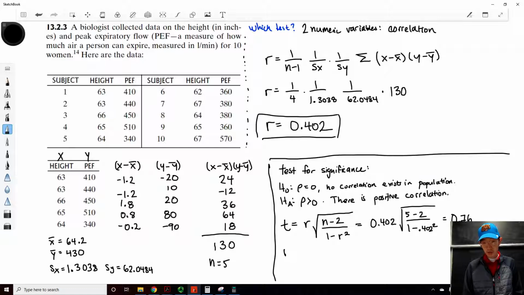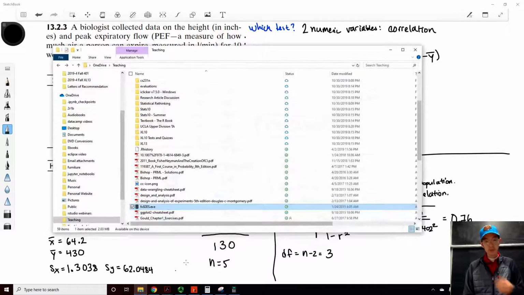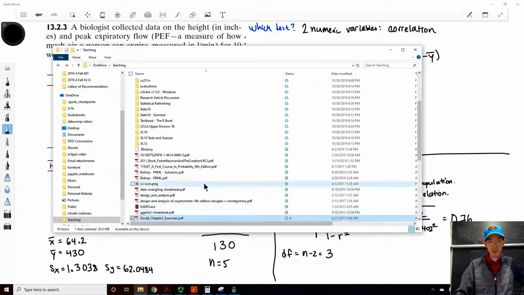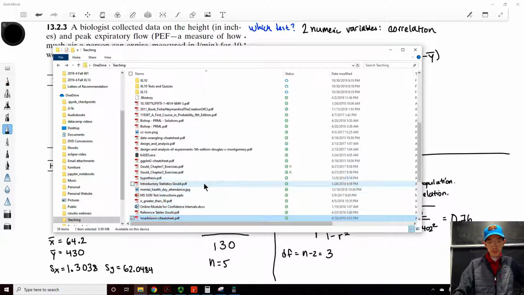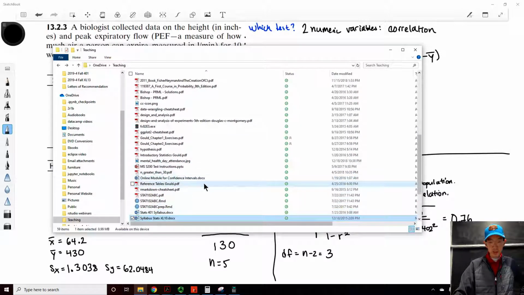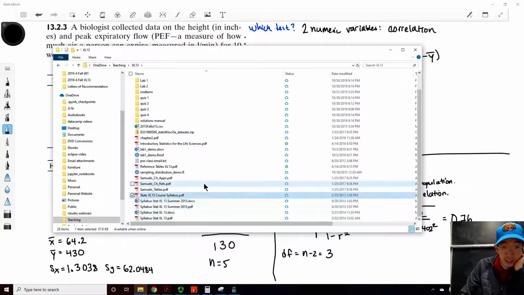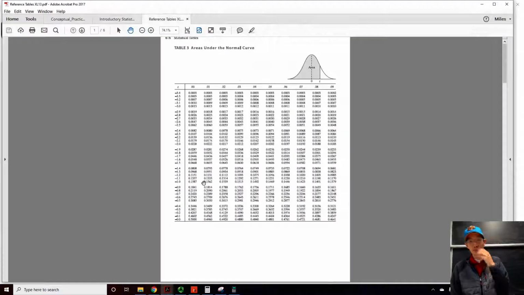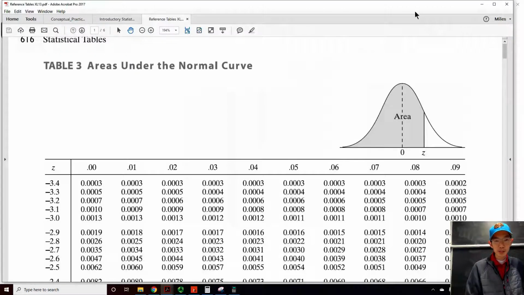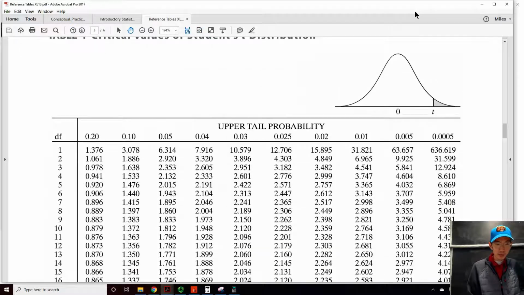Okay, and we have degrees of freedom equal to n minus 2. We have 3 degrees of freedom. So we're going to look up 0.76 in our t-table with 3 degrees of freedom. Okay, 3 degrees of freedom.